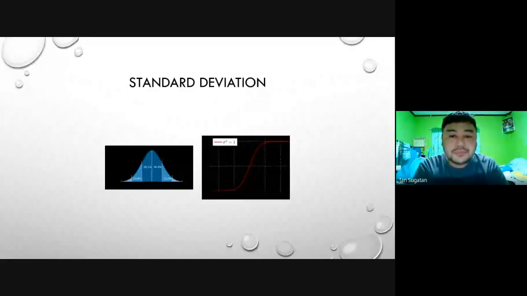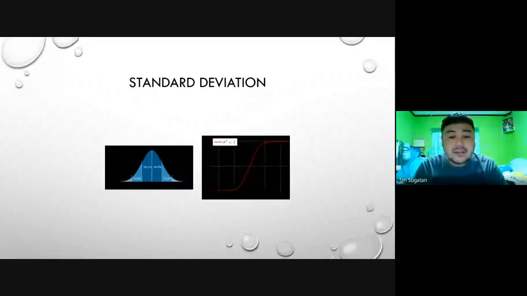If you find out the variance, you're going to square root it, and the value would be your standard deviation. The reason for that is that the average absolute deviation is similar to your mean. At the same time, it is expressed in the same unit of data.